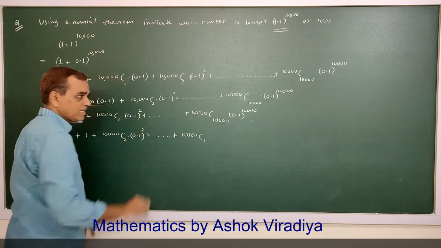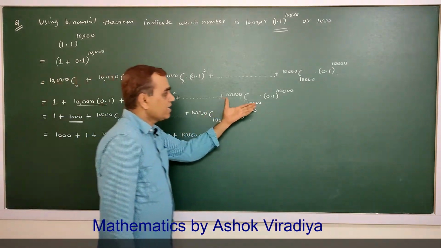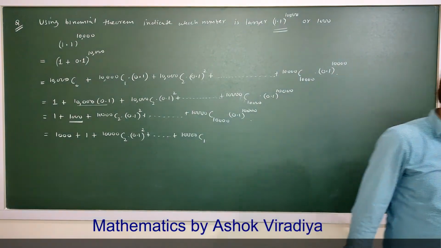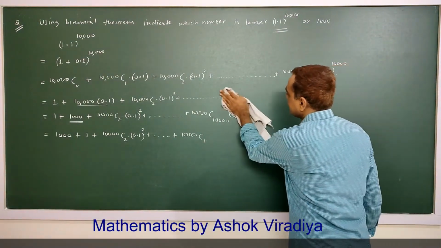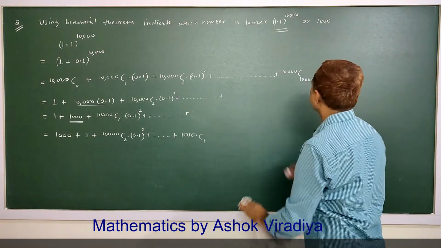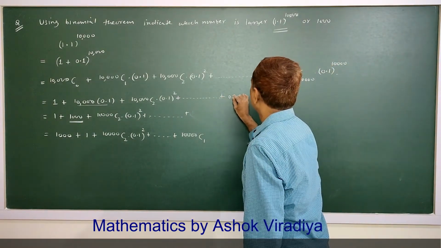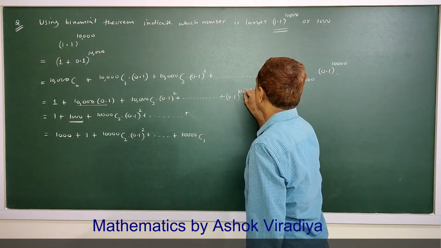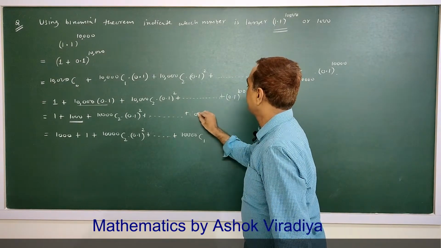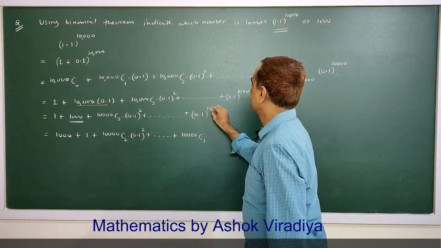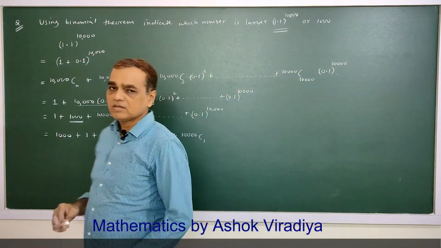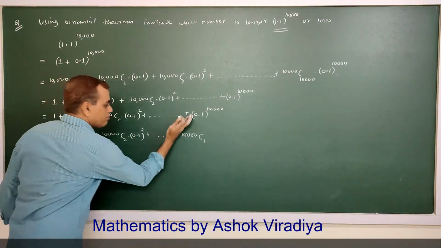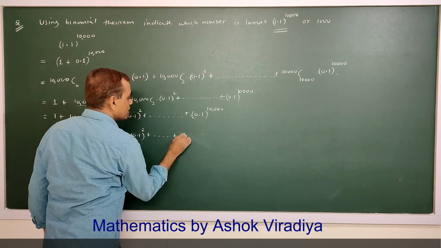This value is 1. You can put 1 here also. So there is no need to write this lengthy expression. This is 0.1 raised to 10,000.